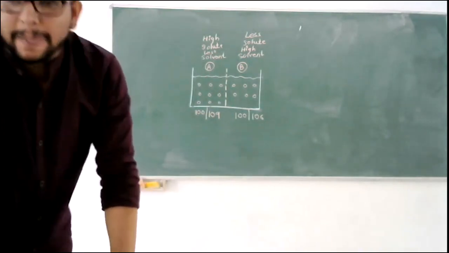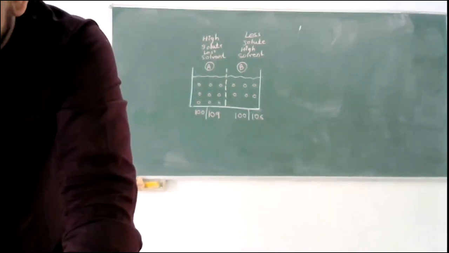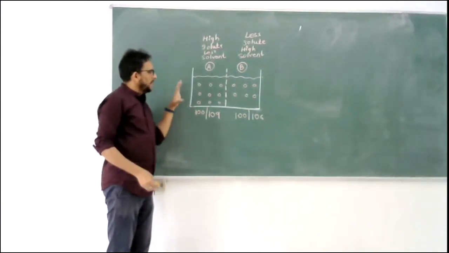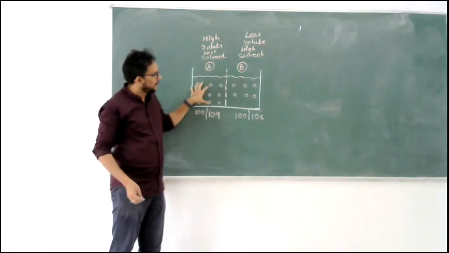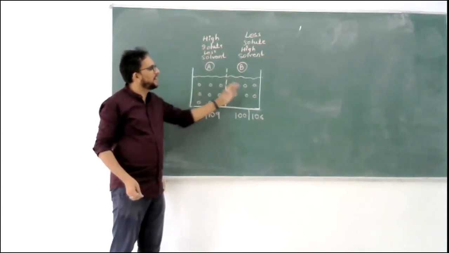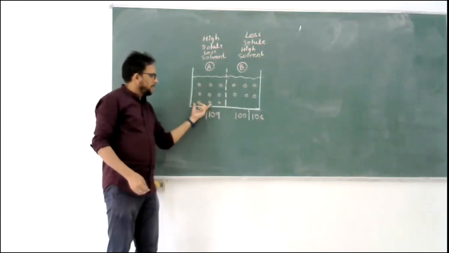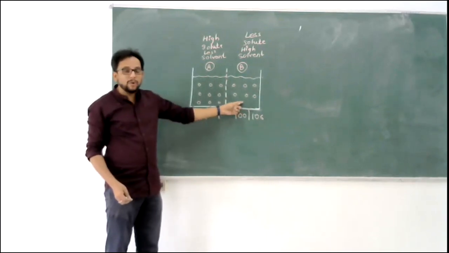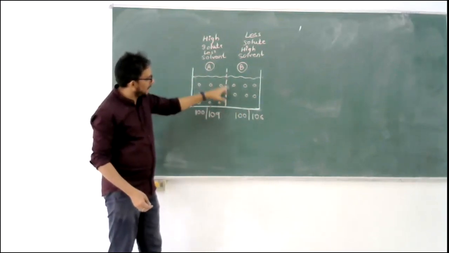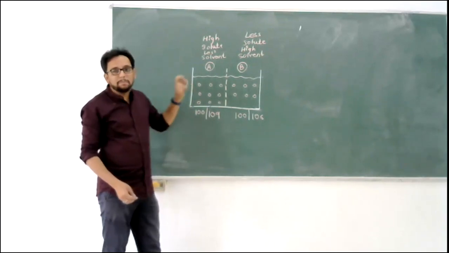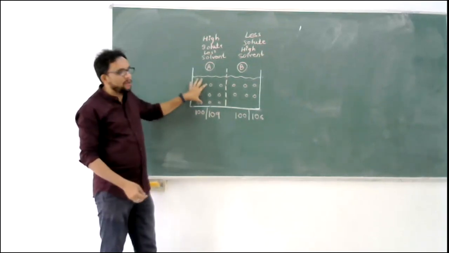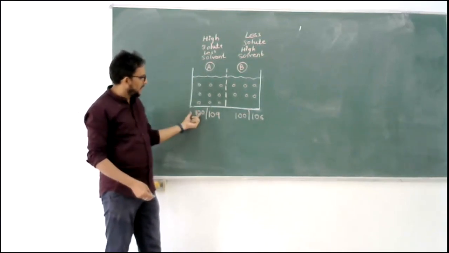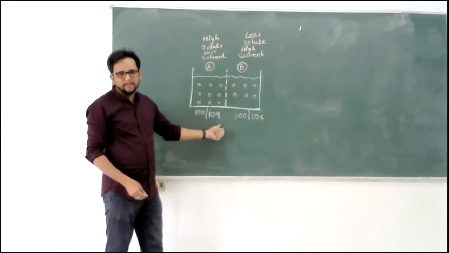I didn't understand the 109 and 106. Okay. So what I said was, in both the chambers, chamber A and chamber B, there are 100 molecules of water each, right? In chamber A, there are 9 molecules of solute. In chamber B, there are 6 molecules of solute. So when we calculate the relative volume of water per molecule of solute, in this case it is 100 divided by 109, right?